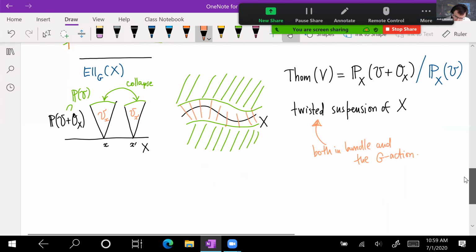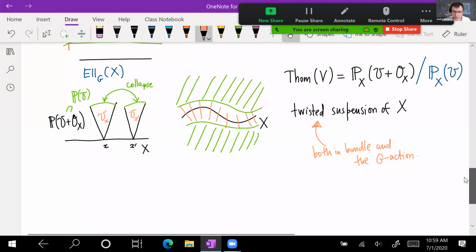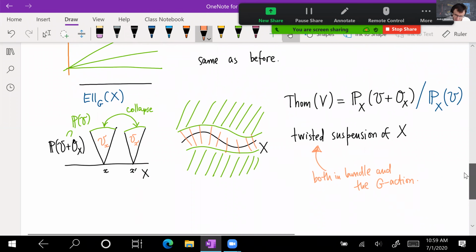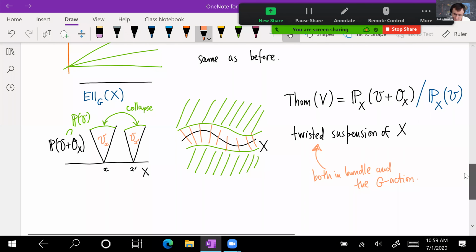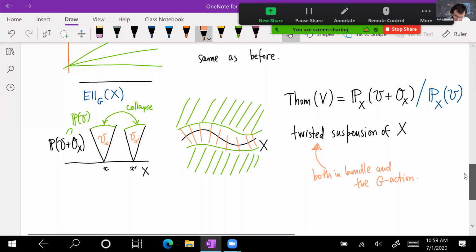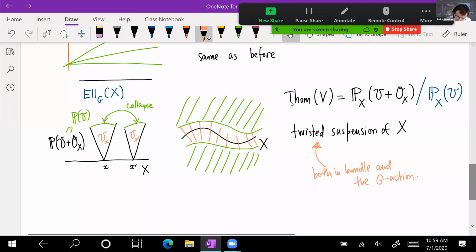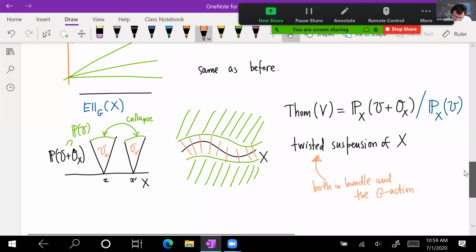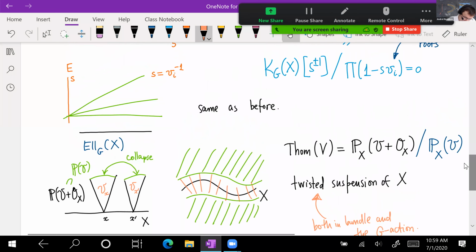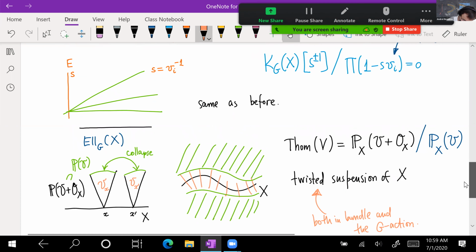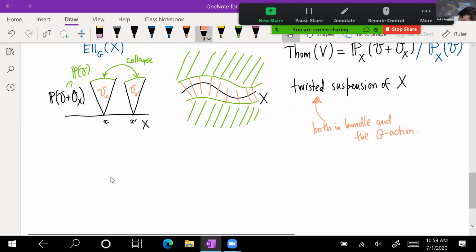And so then what is this? What's the K-theory of the Thom space? Well, it's a special case of something we computed. So let's just copy. Maybe I still have that here, so I can still paste it.